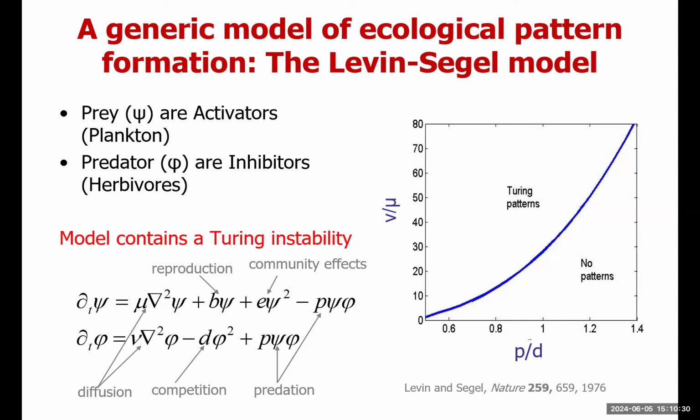So let's suppose I've got some value here, and you can see that in this range, below this blue line, there are no patterns. This is like the neutral stability curve that we talked about in convection. When you go above that curve, then you get patterns through this Turing instability.